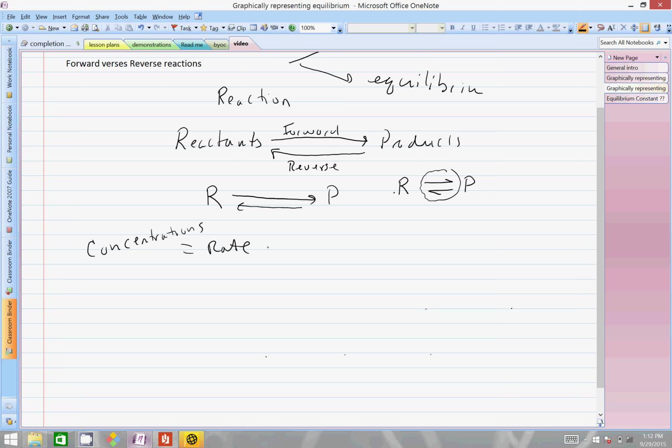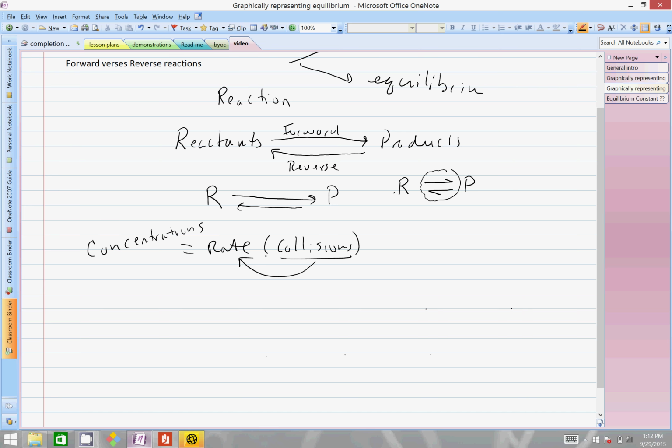As a reaction takes place, we have essentially collisions of particles. If I have lots of reactants, I get lots of collisions, and therefore a very fast rate. As those collisions diminish, I get less and less rate, and the reaction slows down.